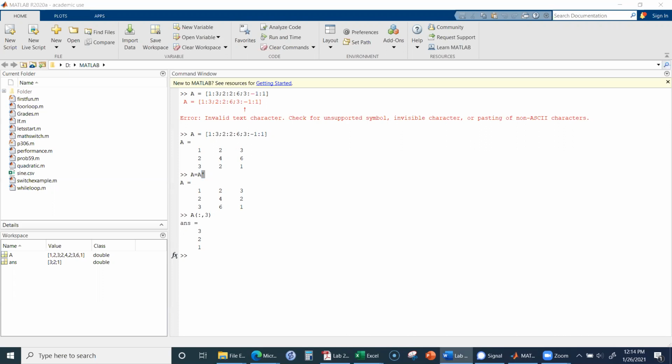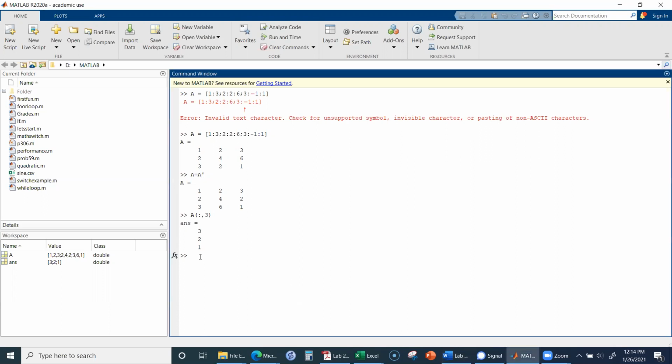Okay, so maybe the next command which I'm going to show you is this. Here you can see that I am now saving it in another variable A, and then what is this?